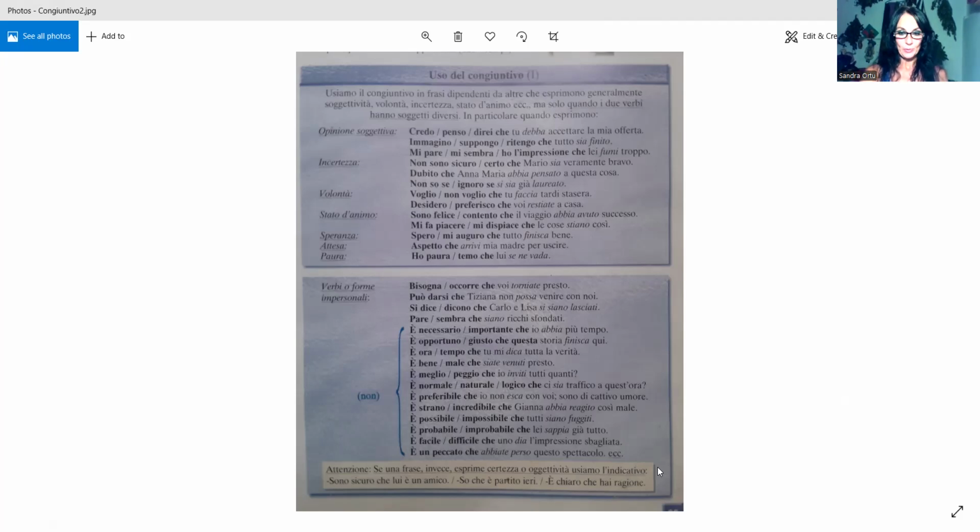So some examples. Sono sicuro che lui è un amico. So here you are expressing something which is certain, which is objective. Well, to be honest, I'm not sure about that. So sono sicuro che lui è un amico. I am sure. So there is no doubt. That's what I mean, really.